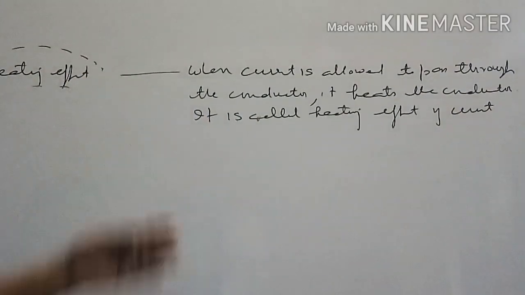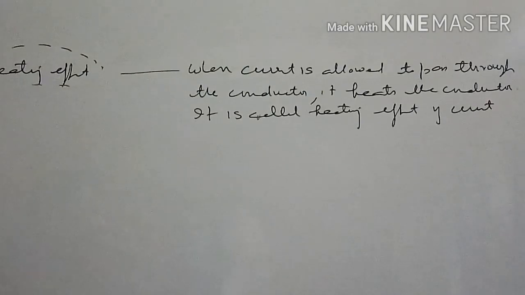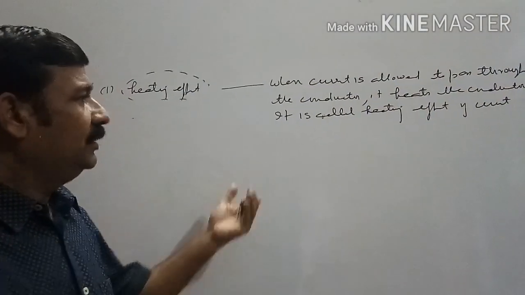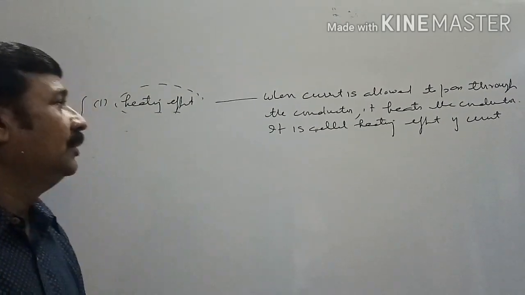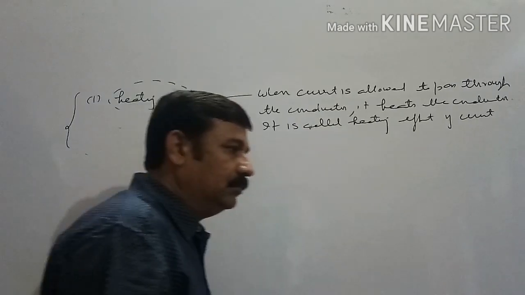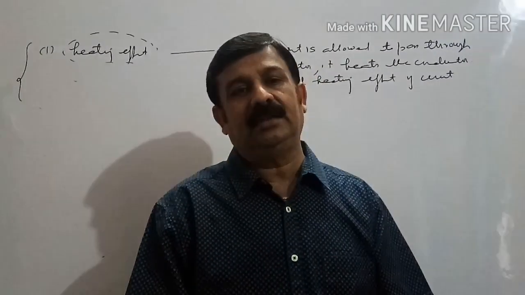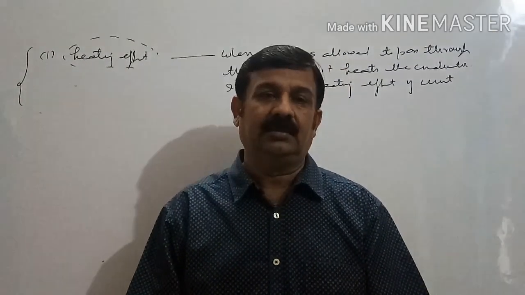So many devices or appliances work on this heating effect. I just told you the bulb works on this effect. Your geyser works on this effect. The heater works on this effect, as well as the electric press. Now the question develops, why does the conductor get heated as we pass current through it?